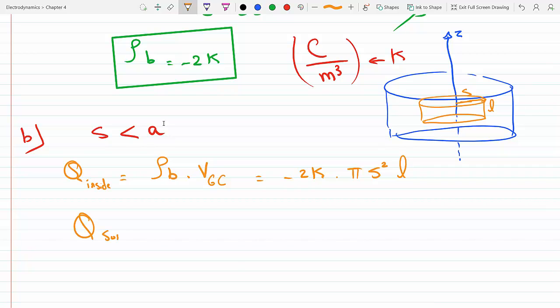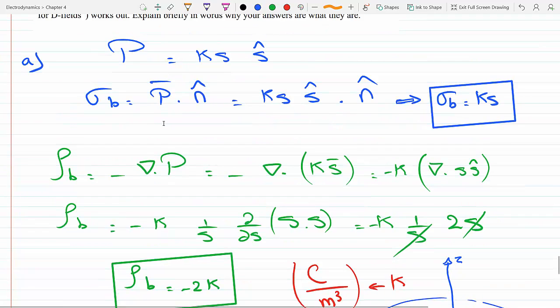So for the surface, I would take my surface charge density, sigma, and multiply it by the area of the Gaussian surface, right? You could do an integral, but it comes out to be the same thing. Hold on a second.